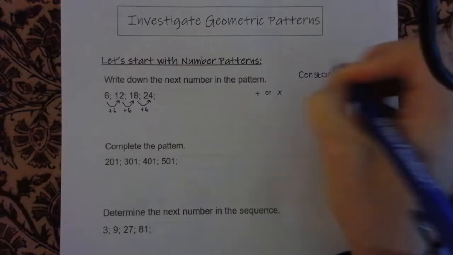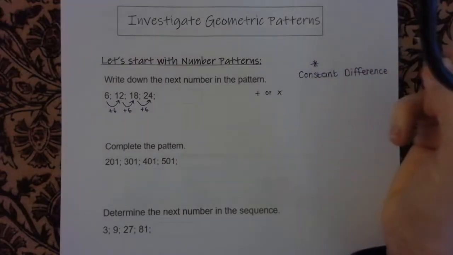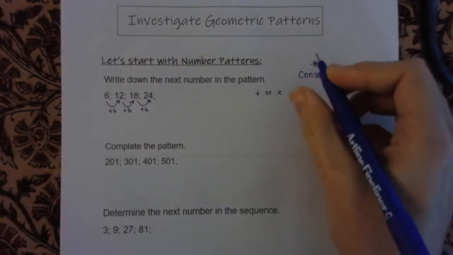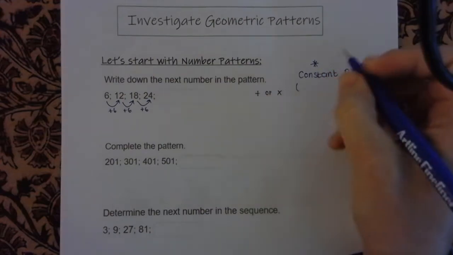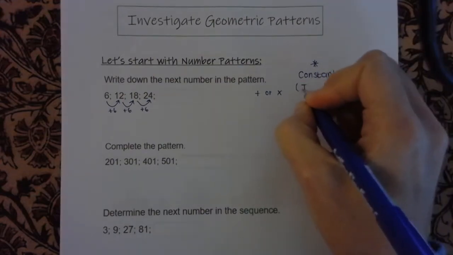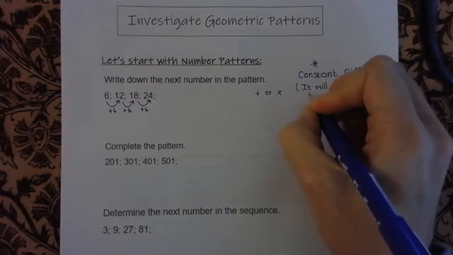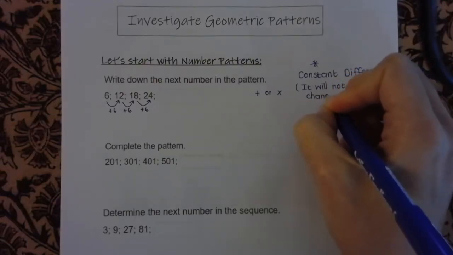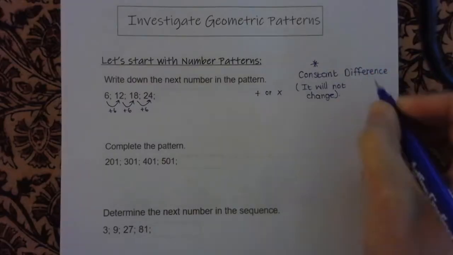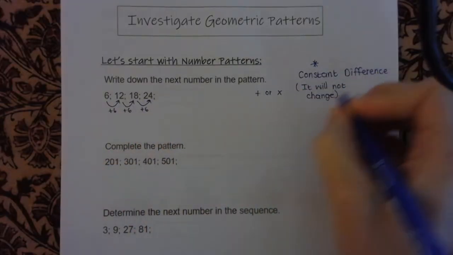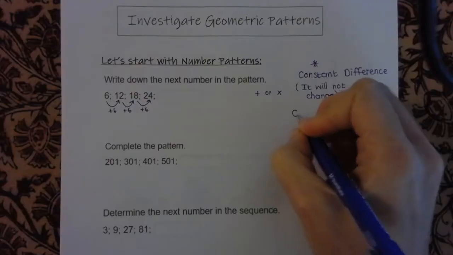I want them to remember these words. The constant difference means that constant means that it will not change. It will stay the same. Okay, so the constant difference in this pattern is 6. So let me just write that also.